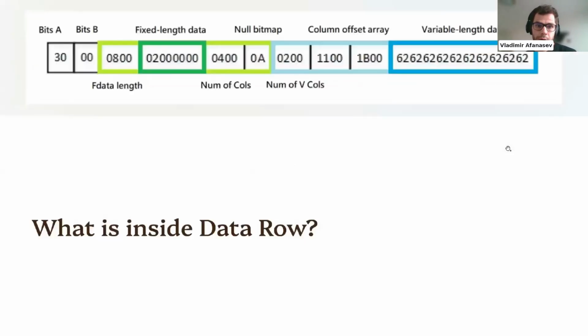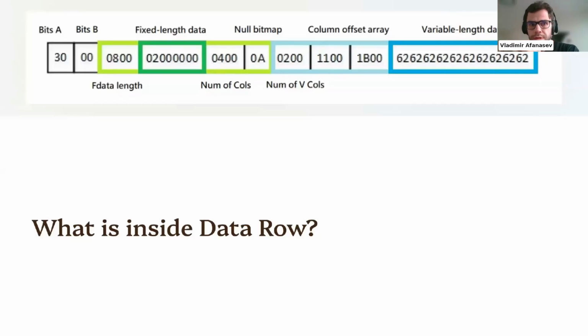Okay, so then we go to the next one. What is inside a data row? We have some technical bits, A and B, to store some bitmaps of the system pages, but let's not touch them today. Let's go into this third byte and this green block, which stores the fixed length part of the row.